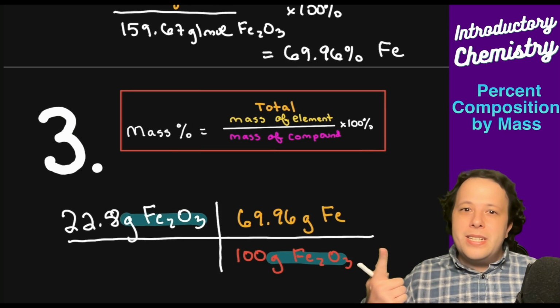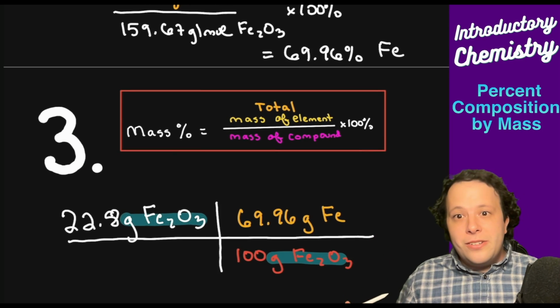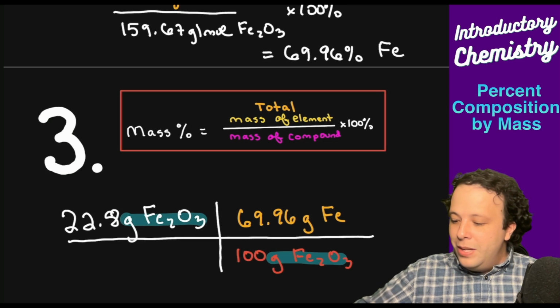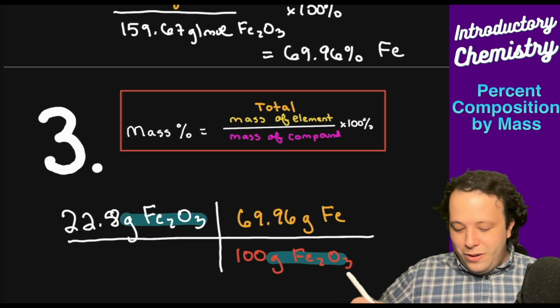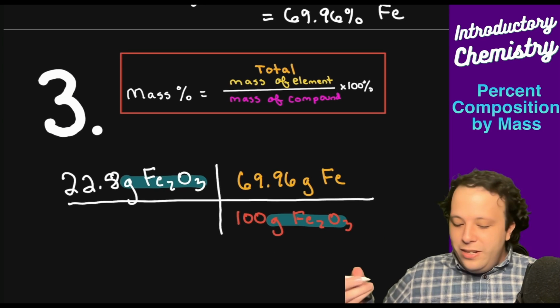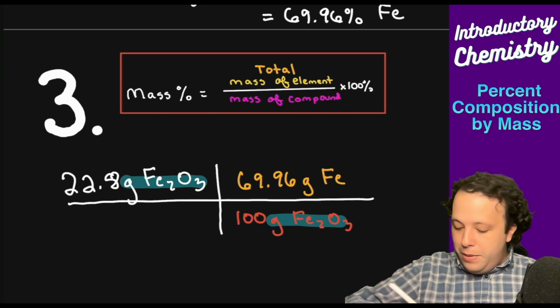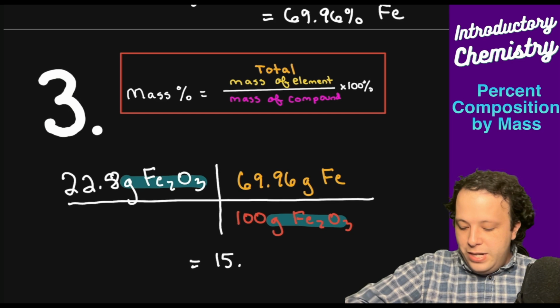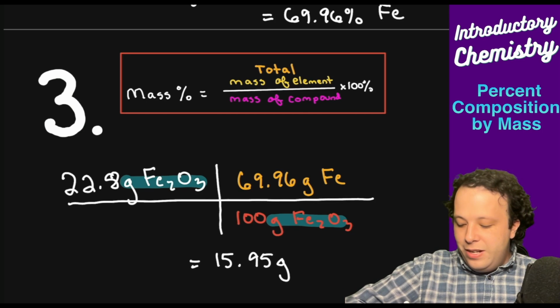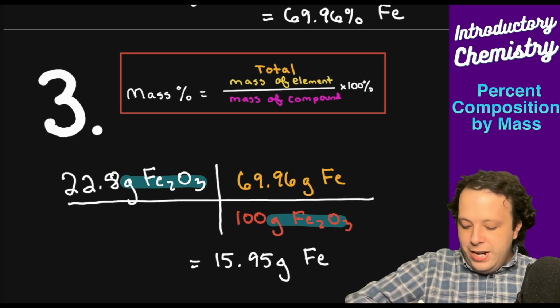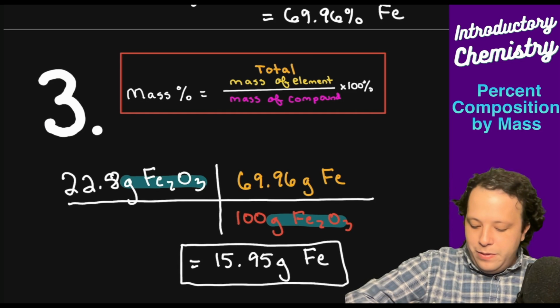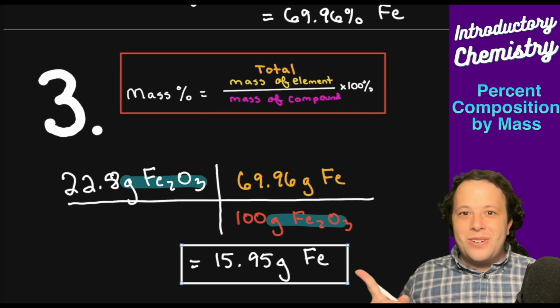But it's good to see how this works as a dimensional analysis or stoichiometry problem, since you always have to show your work in all classes. When you multiply what's on top and divide by what is on the bottom, you get 15.95 grams of iron in this sample. This is your final answer for the problem.